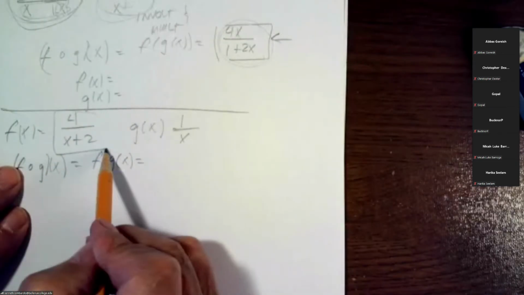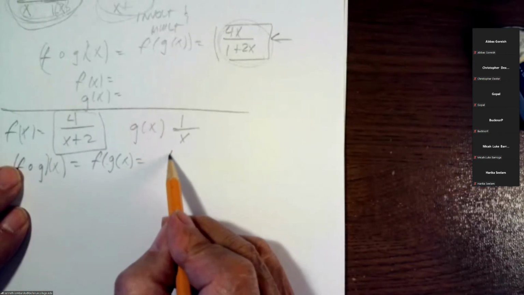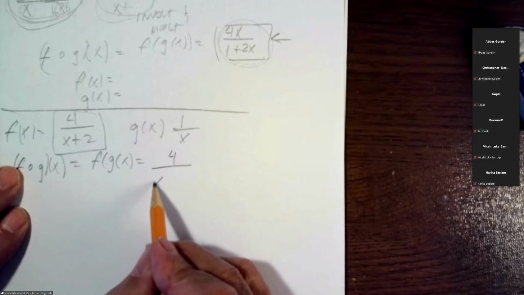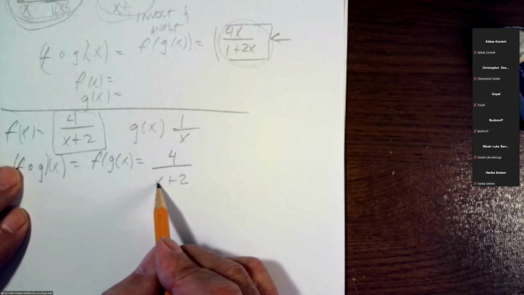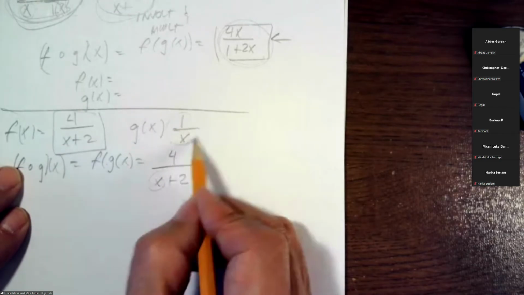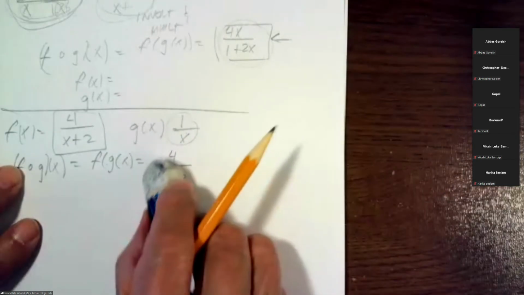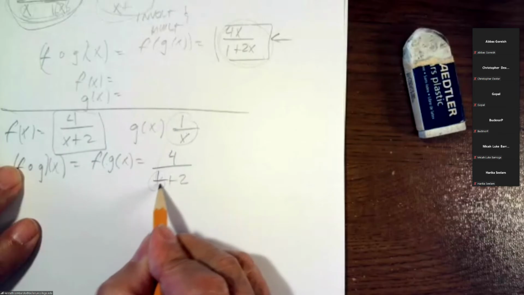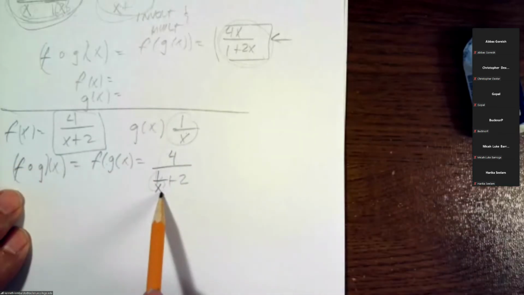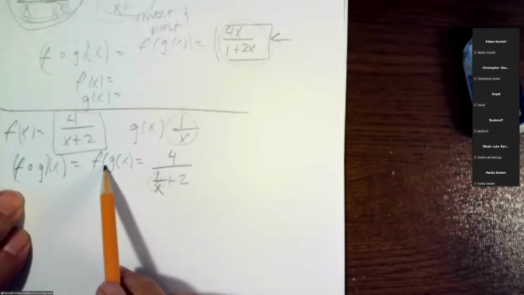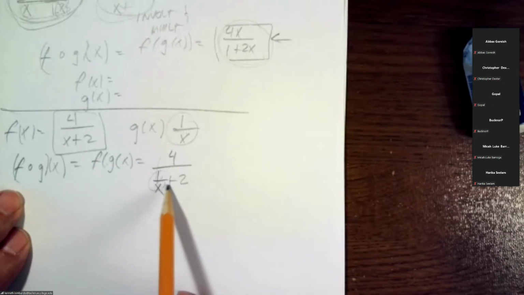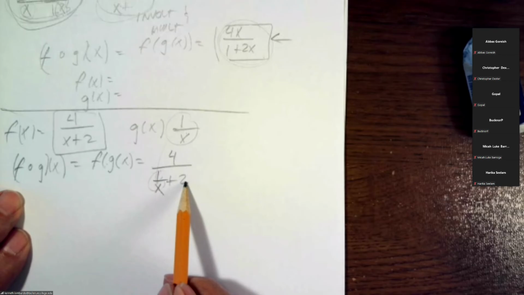So f is this value. So there's 4 over x plus 2, but x is no longer x. It's 1 over x. It's g of x. So this goes here. So this becomes 1 over x. That's how we got that. So that shows how we get f of g of x is 4 over 1 over x plus 2.